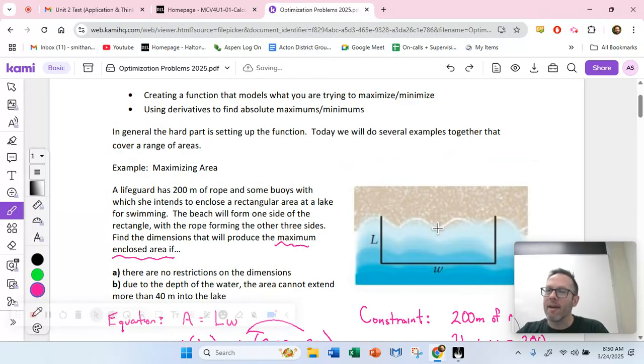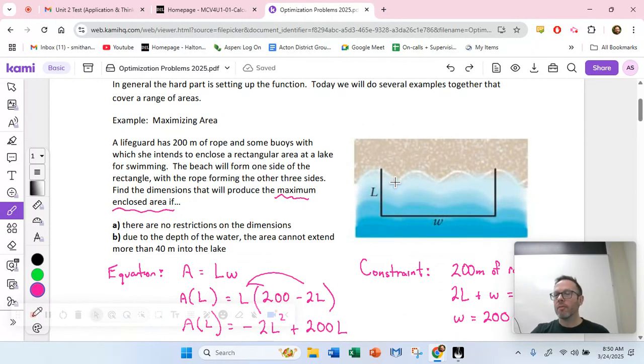What's the biggest value for L we could have? Like if you had to put some rope out in the water and bring it back, what's the farthest you could go? 100, right?